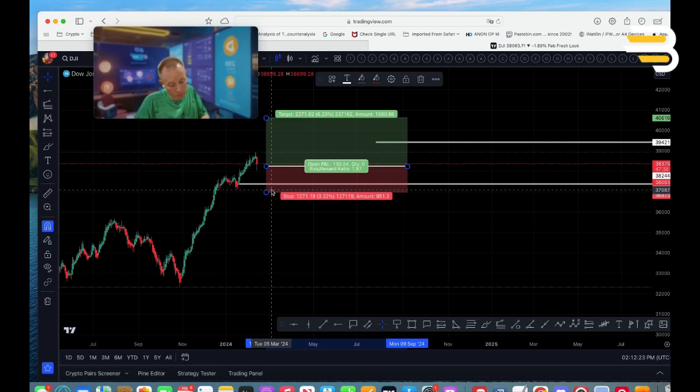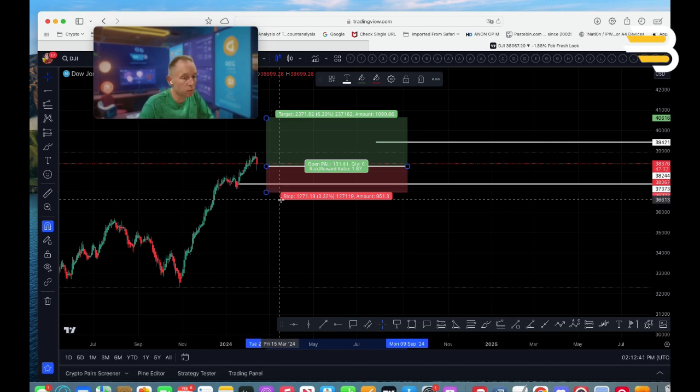So maybe increasing my probability of the trade being successful. But at the same time, I am increasing my risk by moving my stop, because that's just a further point down where I'm placing my stop loss, so a higher risk point.